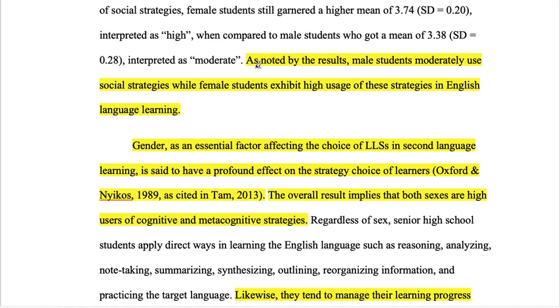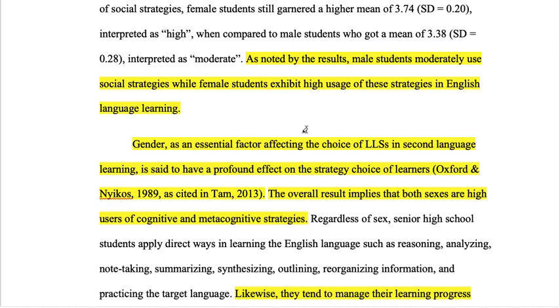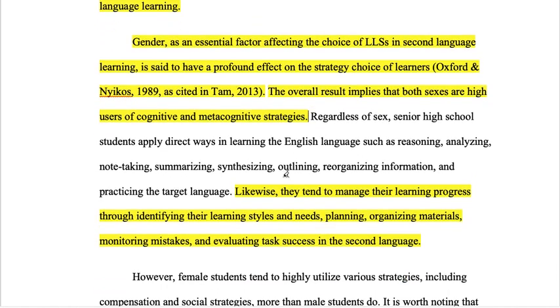There must be implications of the results. Okay? So what does it mean when the students are high users of these strategies? Meaning they tend to manage their learning progress through identifying learning styles and needs. Like that. So this serves as an example, class, on what will come out of your examination and what you will do in writing the results and discussion.